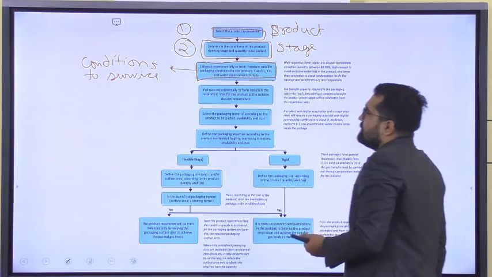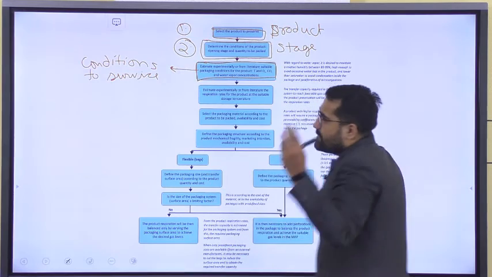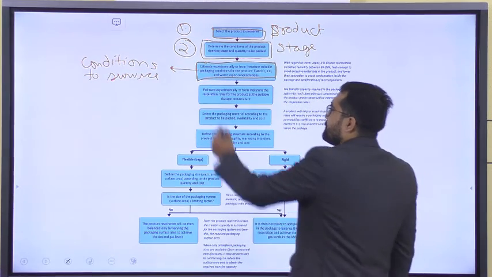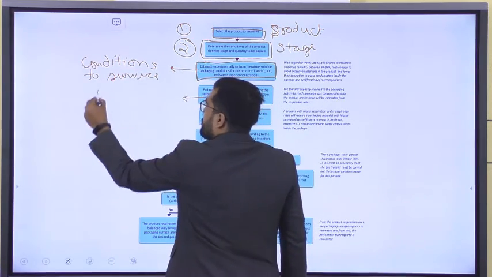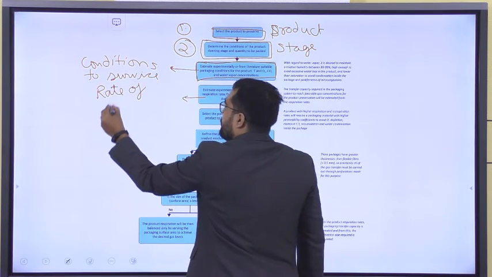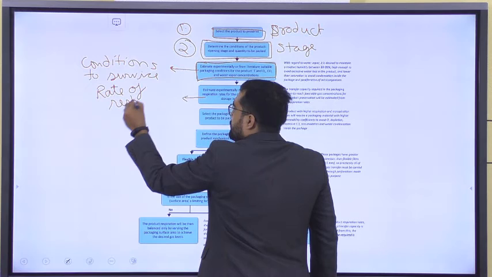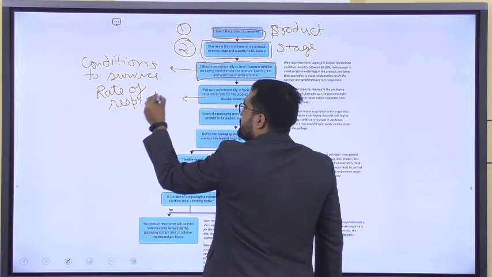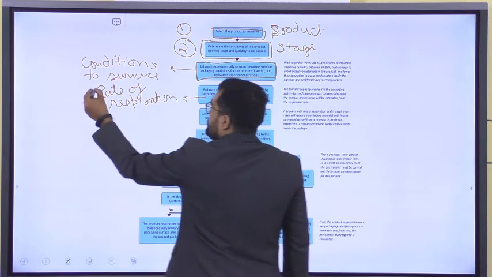The next one is to find out the rate of respiration of the product. What is the rate of respiration of our product at different times or conditions?